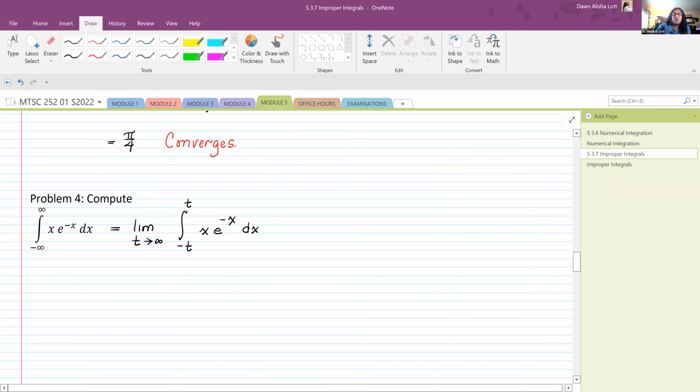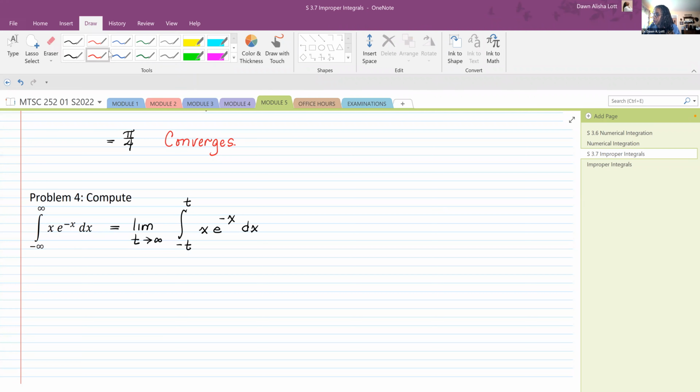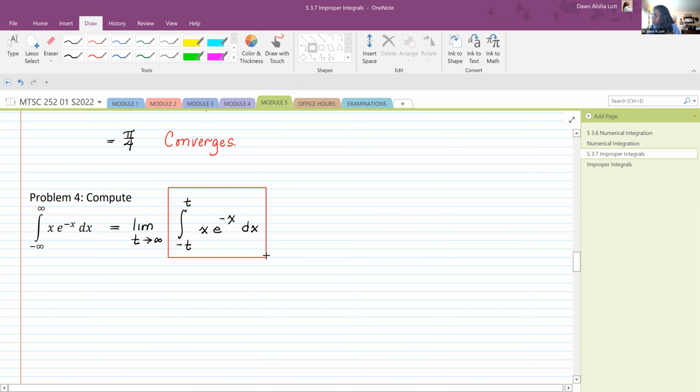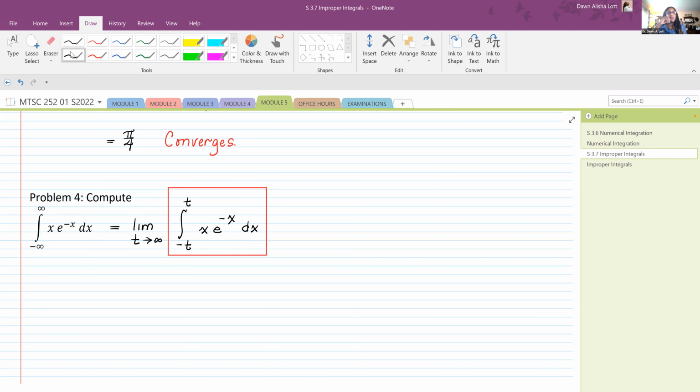How do I do this inside integral? What is the technique? We learned 4 major techniques in the last module. How do I compute this integral?